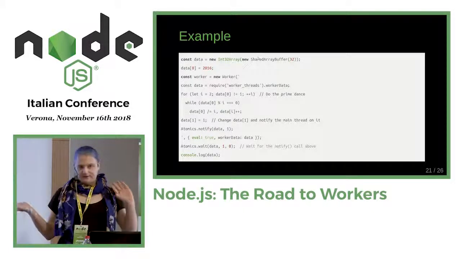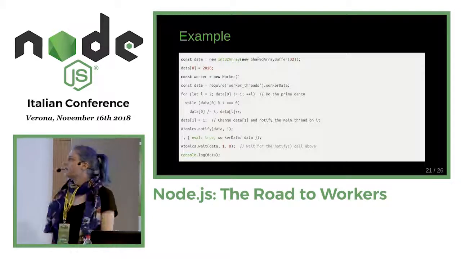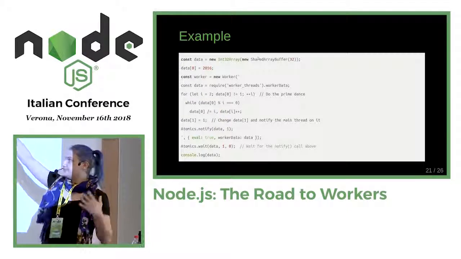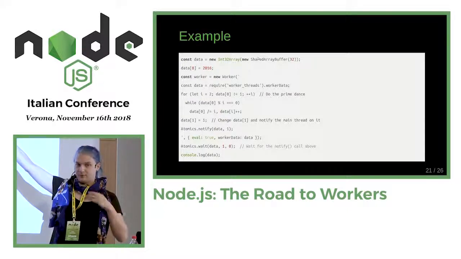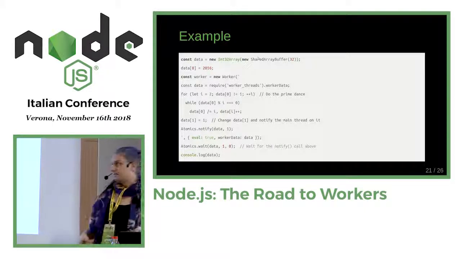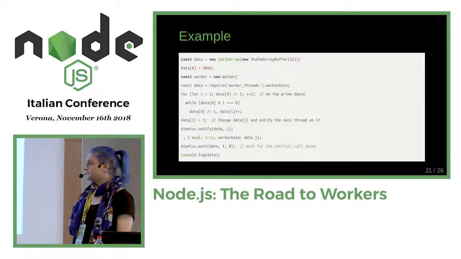It's computing the prime factorization of some number. So the interesting parts are here. You create typed arrays in a specific way. You have to use a specific kind of array buffer for it. It's not the standard one, but a shared one, which means it can be shared between threads.